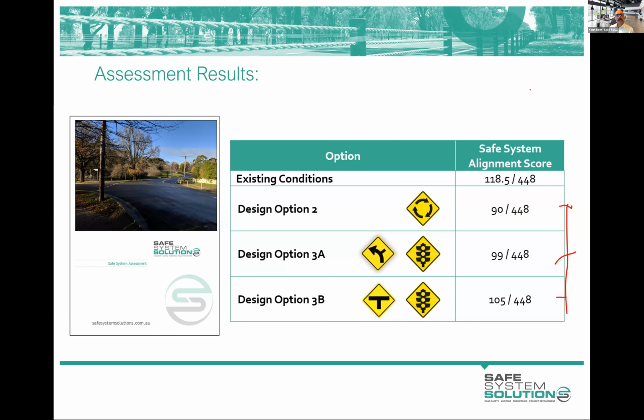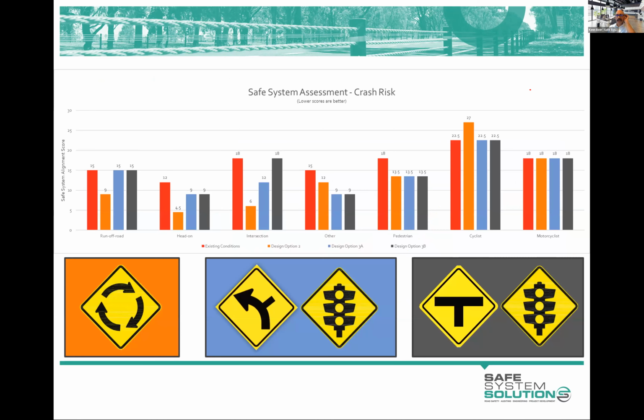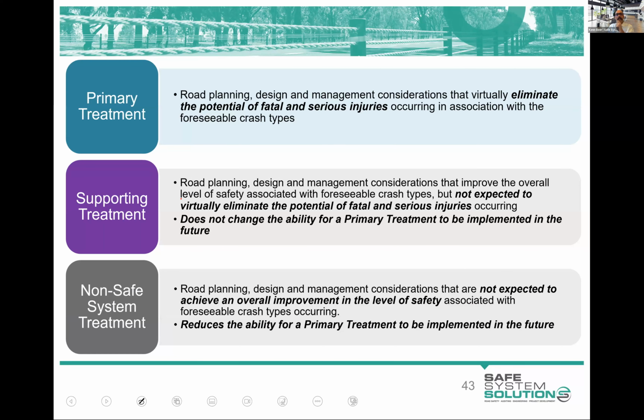And so we want to make recommendations for the roundabout. We might say, well, the roundabout, we're really worried about that, aren't we? And I wonder if there's anything we could do to get that score down, and maybe some of these scores. Some of these are pretty good, but is there anything we might look for? And so we make these recommendations on features that we could add to each of those designs.